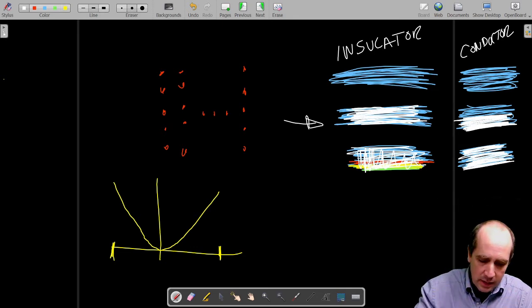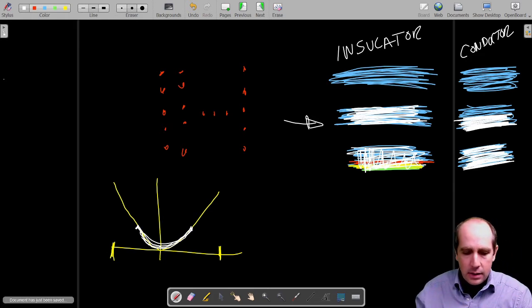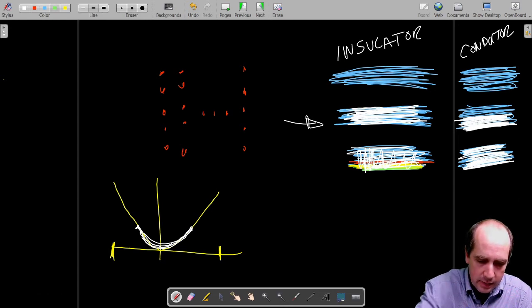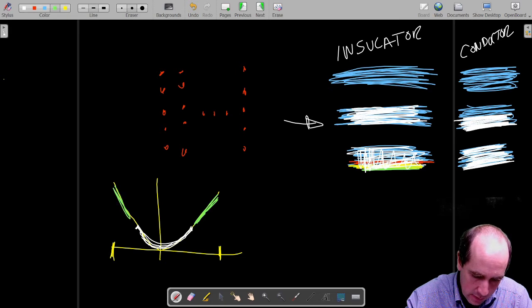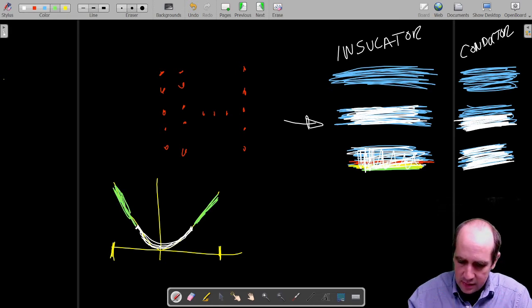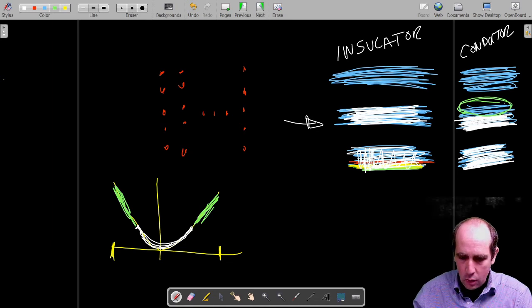So one possibility is that it's half full. So this means that all these states over here will be full, and then all these other states over here are empty. Okay, so this is this case. So you have the empty levels over here, and the full levels in the lower part of the band.